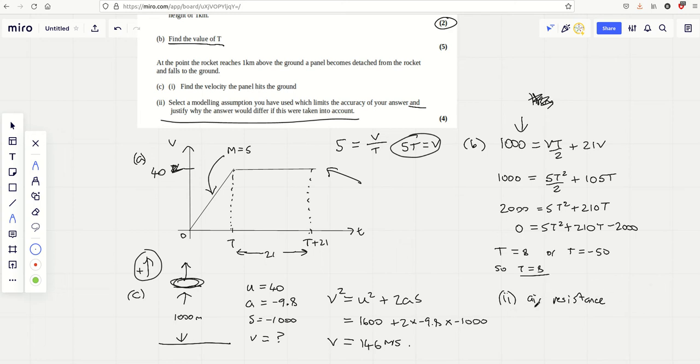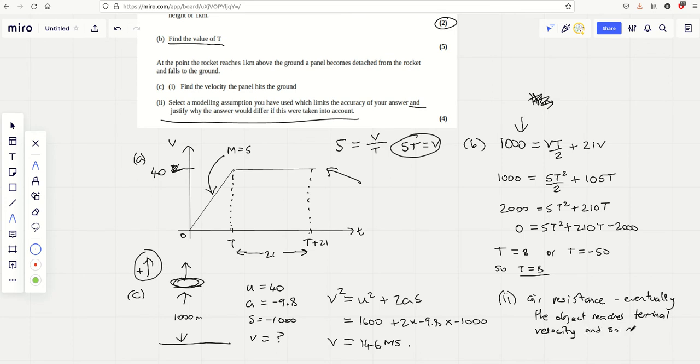So what you want to say with air resistance is that eventually the object reaches terminal velocity and so doesn't keep accelerating.